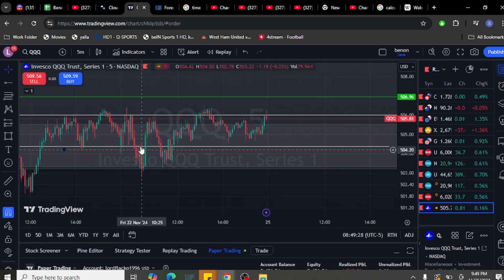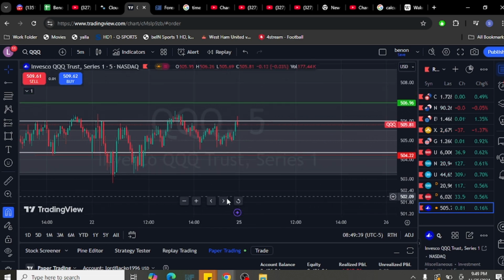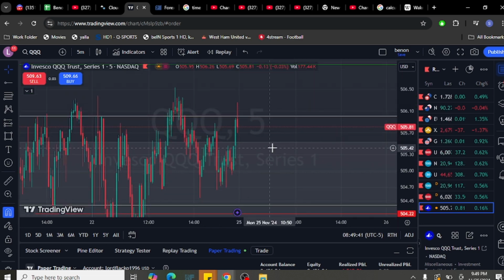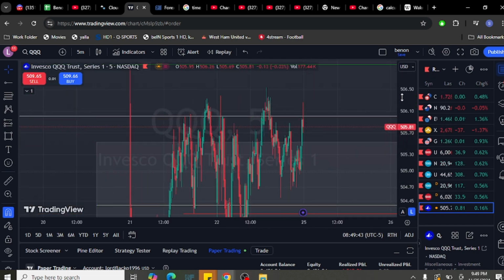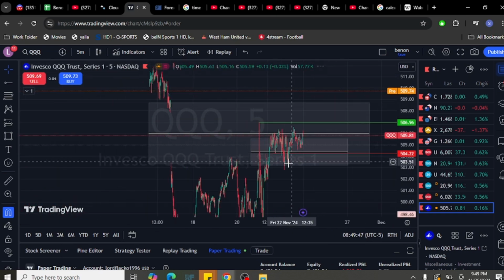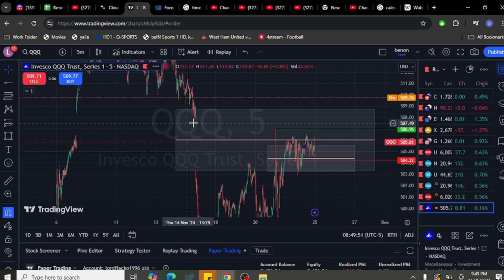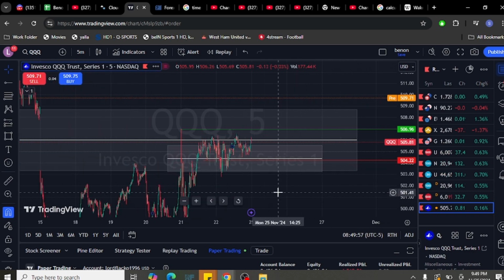You would probably find this as a change in state of delivery, but if you weren't sure, you would use this as a market structure shift. Came back below, so a long here wouldn't be a bad one in a way. And then at least target, probably target these highs and then actually the close of this gap, for a low hanging fruit.